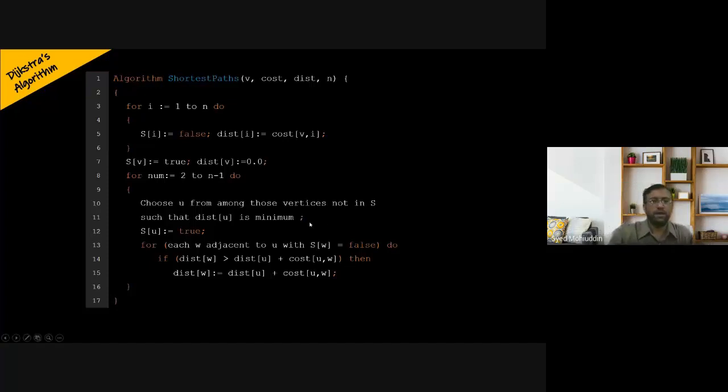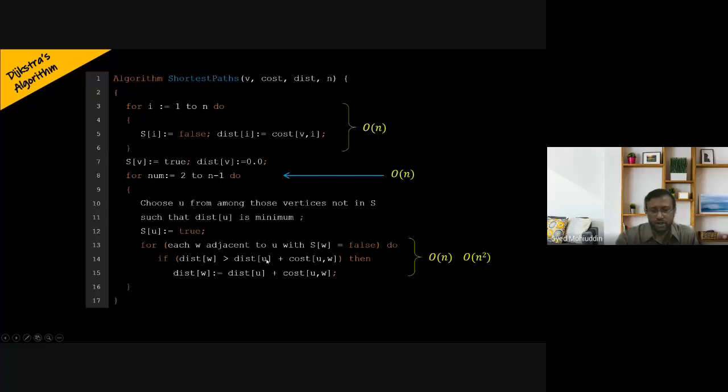Now let us find the complexity of this algorithm. This first for loop is going to run n times, so it's going to take O of n. Then this for loop is going to run n times, so it's going to take O of n. And the statements within this for loop, choosing the vertex not in S and the inner for loop, are also going to take O of n.